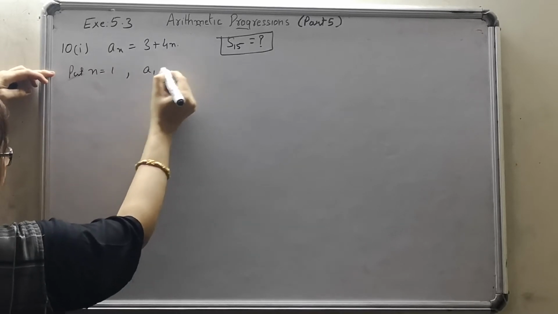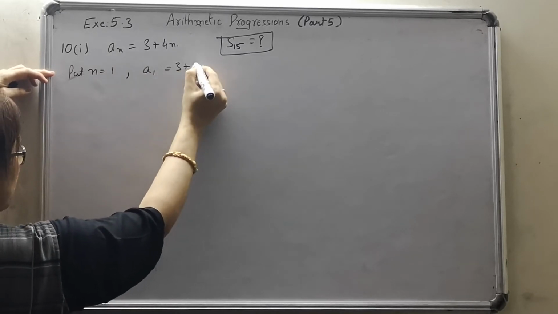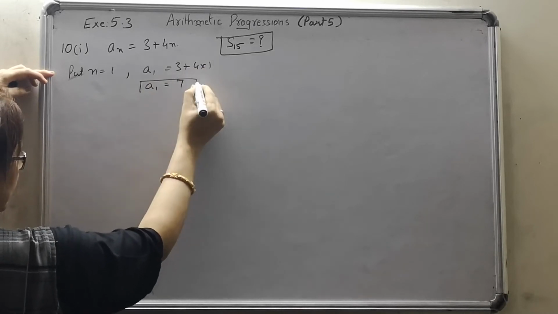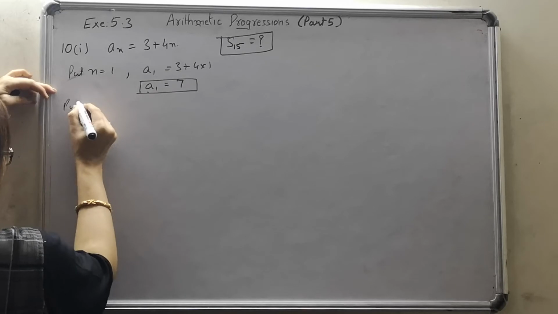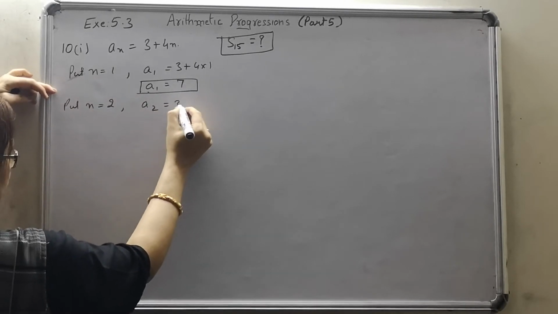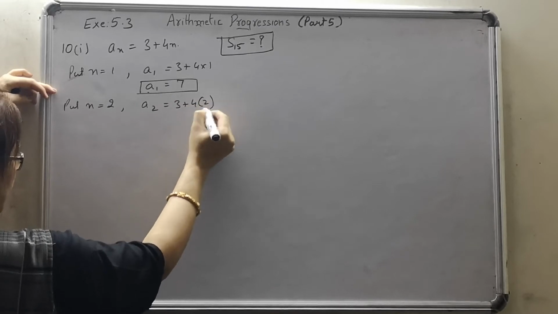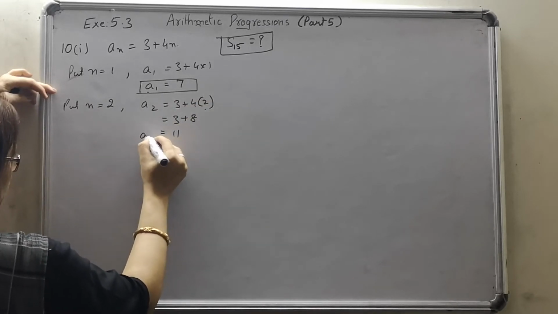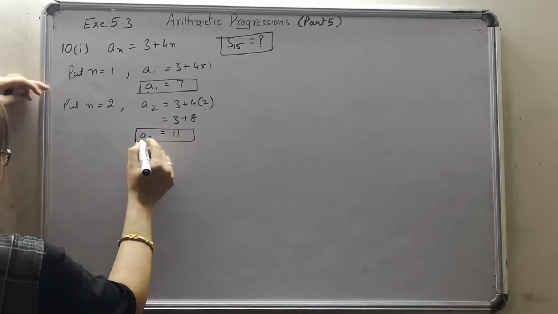So A1 will be 3 plus 4 into 1, so A1 is 7. Put N is equal to 2. So what will happen to A2? A2 will be 3 plus 4 into 2. So this is 3 plus 8. This is 11. A2 comes to 11.